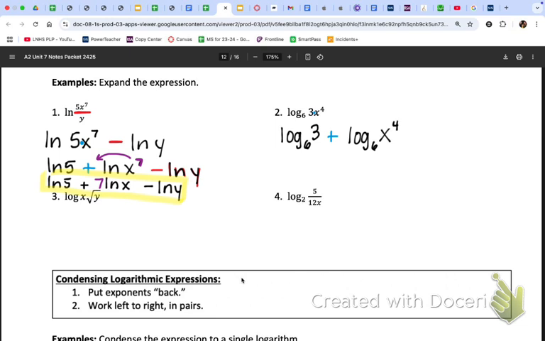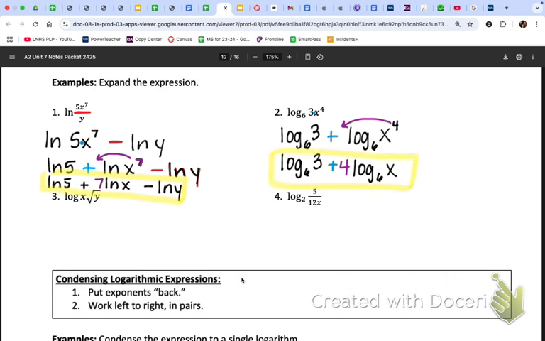The reason why I skipped straight ahead to the multiplication is because there was no division. And then you see an exponent of 4, so it's going to go out in the front. So that one would become 4 log base 6 of x. And then this one is still log base 6 of 3. And there's a plus sign in between. Try and color code. Now you're done.